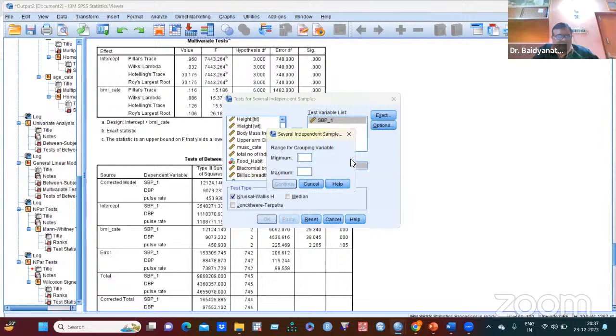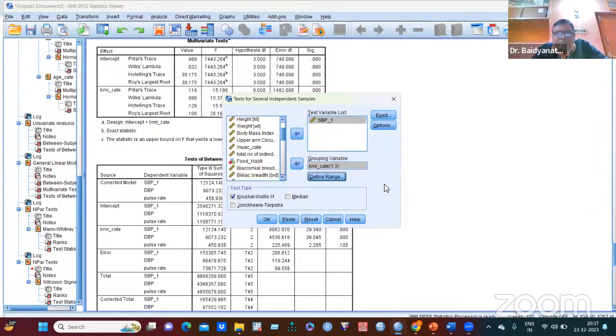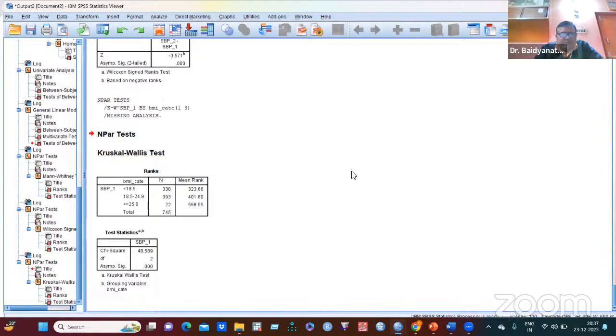Then define range 1 and 3. Then continue. That is the Kruskal-Wallis test. Instead of ANOVA, we use the Kruskal-Wallis test. Okay, then okay. So there are 3 categories, and this is the chi-square test, and this is also significant. So we can say BMI has a significant effect on systolic blood pressure.